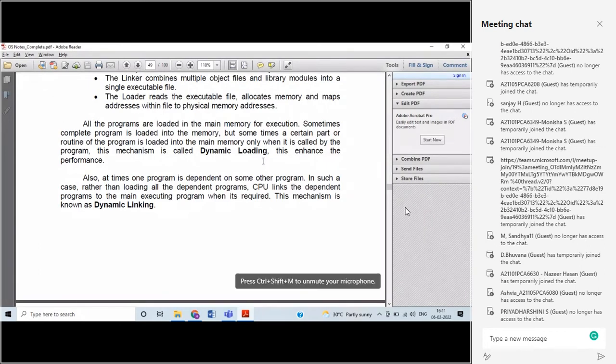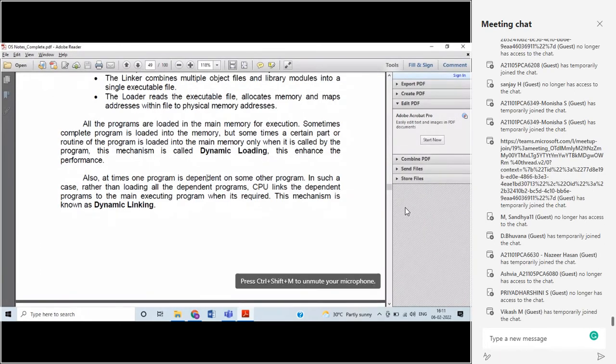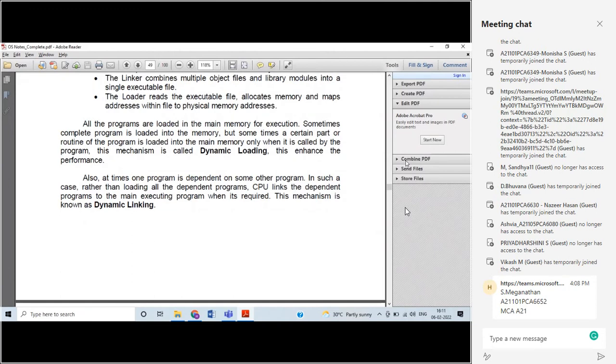This mechanism is called dynamic loading. Whenever we want, at that time only we will call the program, and the program will be executed.